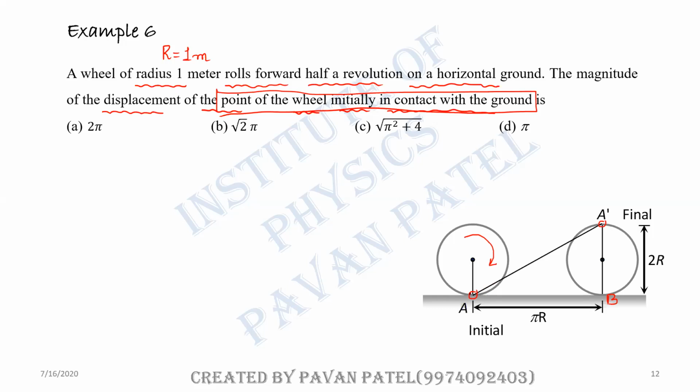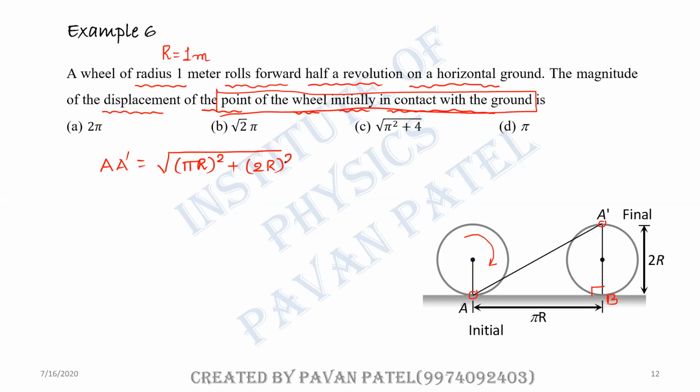So the displacement of the point A we can easily find using the Pythagoras theorem, and that is AA' equals under root of pi r whole square plus 2r whole square.